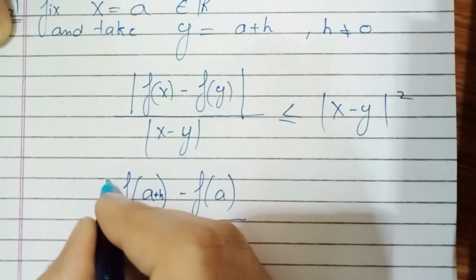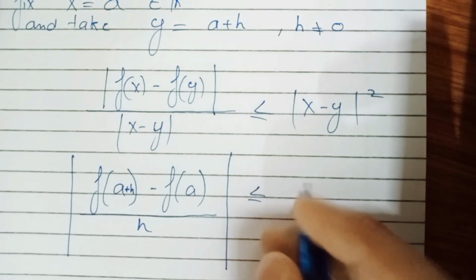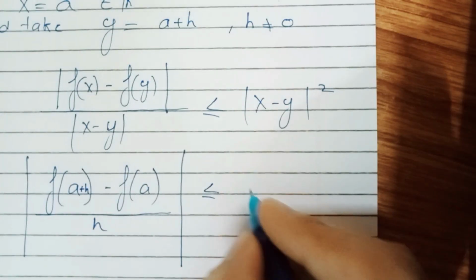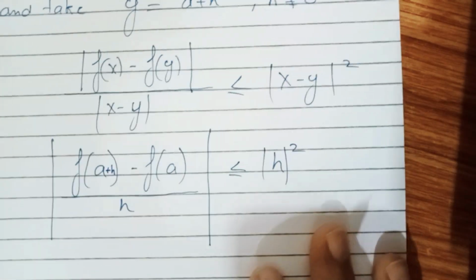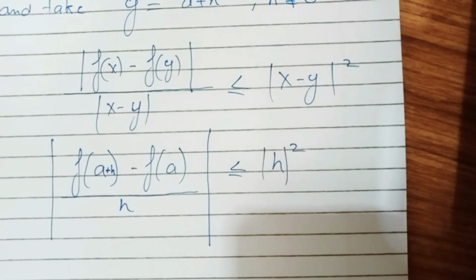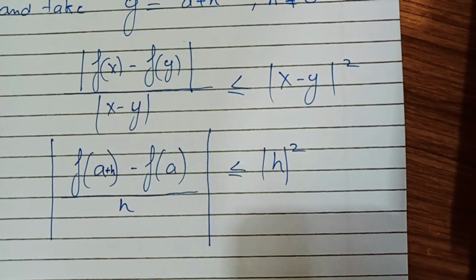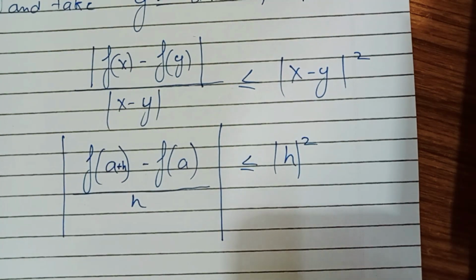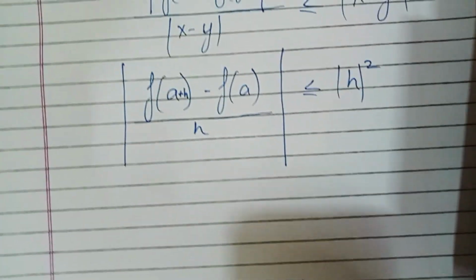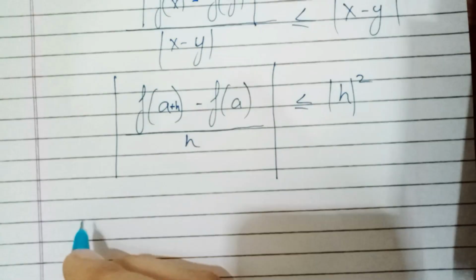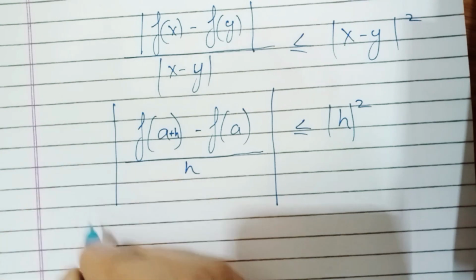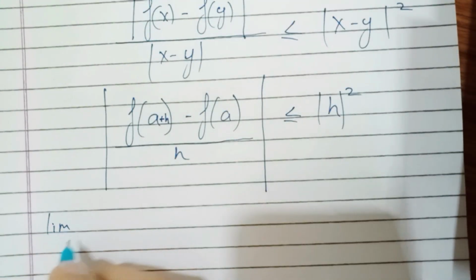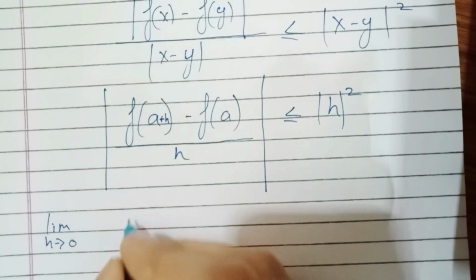And here I will have, make the inequality on both the sides. Oh, sorry, limit on both sides. So now what we'll do is we'll take limit. Limit h tends to 0 of modulus of f of a plus h minus f of a, over h.